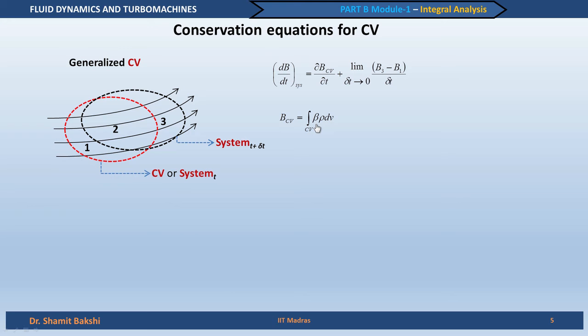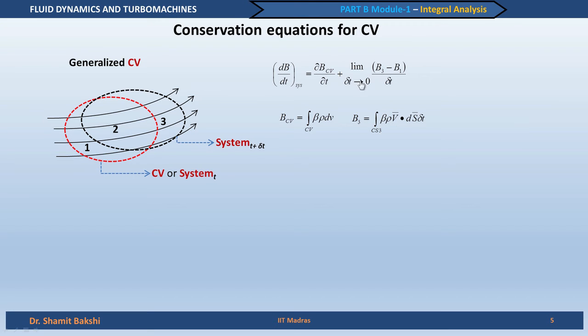So, B per unit mass multiplied by elemental mass, if it is integrated over the control volume, will give the total value of B in the control volume. So, that is how we get this. We can plug this in here and then make it more descriptive in terms of the control volume parameters.